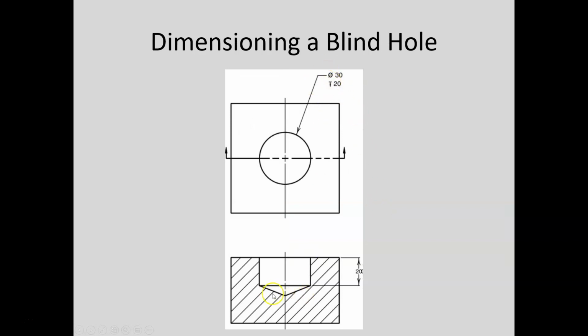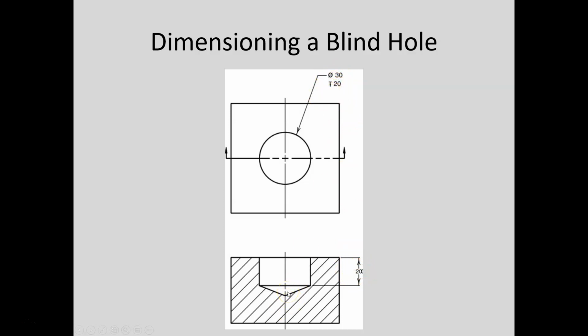Dimensioning a blind hole. So a blind hole is a hole that doesn't go all the way through. So we dimension a blind hole with a depth symbol, right? So this is 20 millimeters deep right there. Diameter 30, 20 millimeters deep.